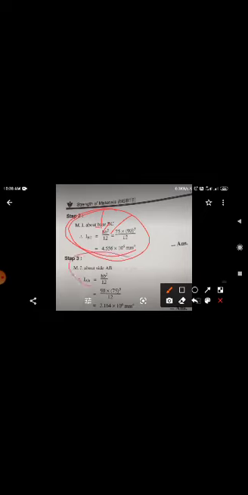Now moment of inertia about side AB. In this case, AB becomes the base and BC becomes the height. For the previous part of the problem, 75 was the base and 90 was the height. Now we have base 90 and height 75.